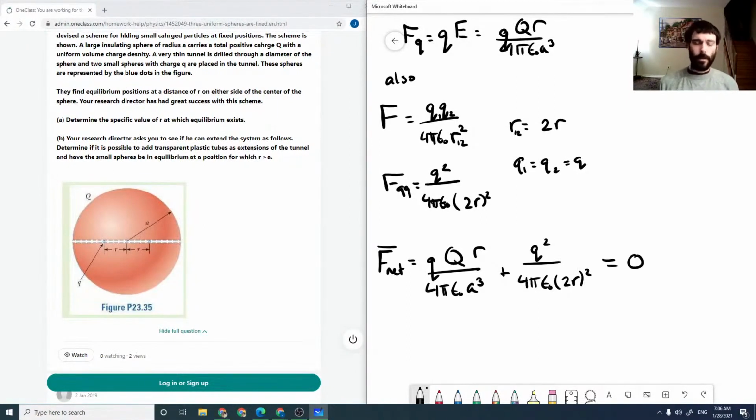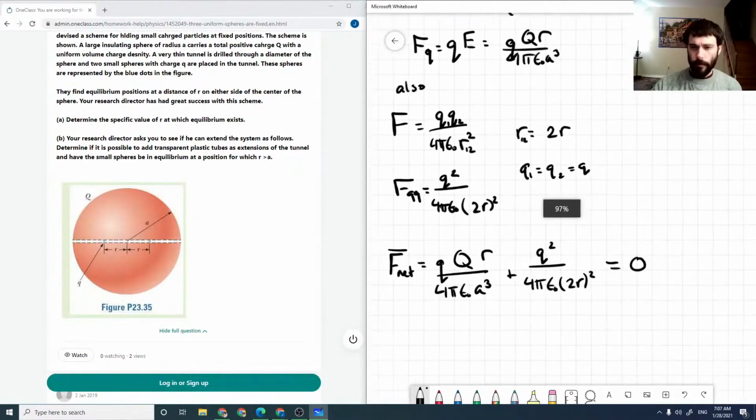So it equals 0 if they're in equilibrium. We're asked to find equilibrium values for r.